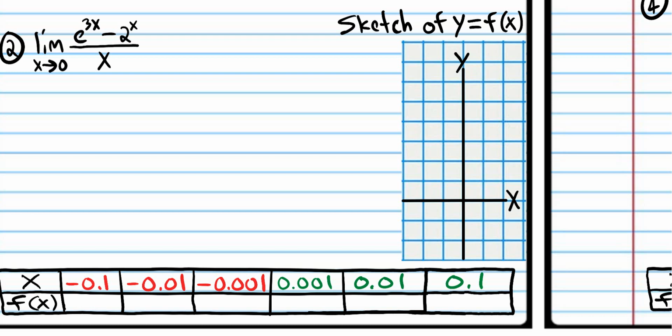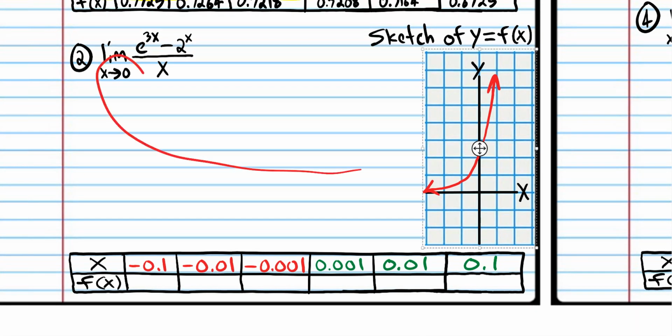and your graph should look something like this. Again, the graph doesn't have to be perfect. Now, when x approaches 0, you can see again that we have 0 divided by 0 if you do the math on that.